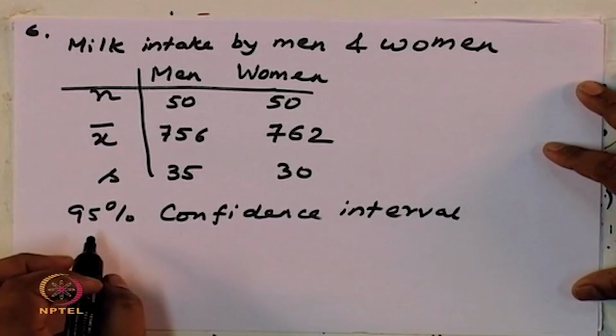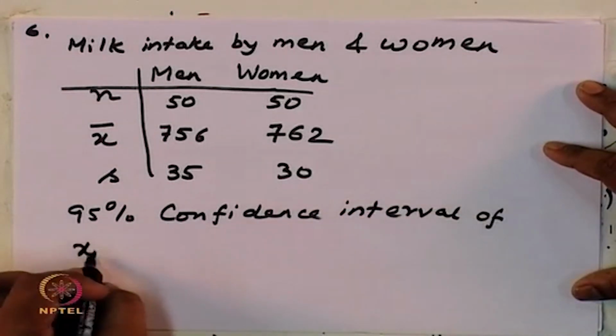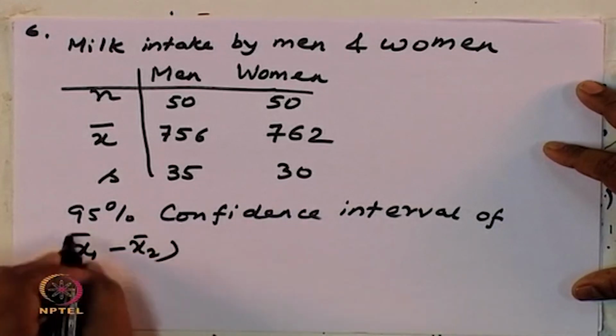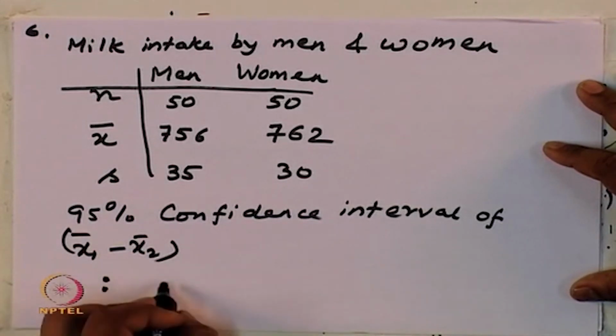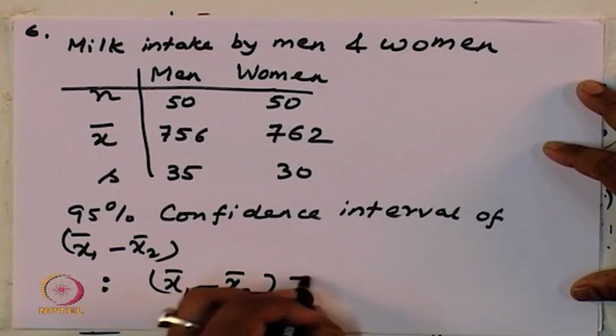for x1 bar minus x2 bar, and this confidence interval is given by x1 bar minus x2 bar plus minus.